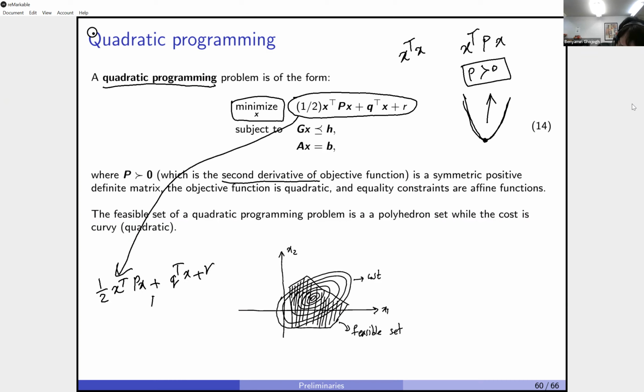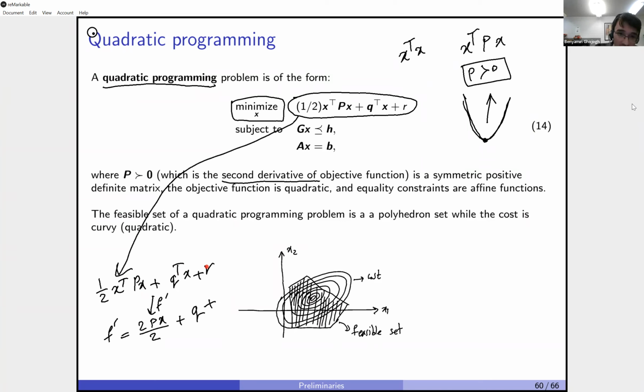Let's take the first derivative. What is f prime, which is the first derivative? It will be 2px over 2. So the derivative of this will be px. This will be q, because this is linear, like when you take the derivative of 3x, it becomes 3, right?